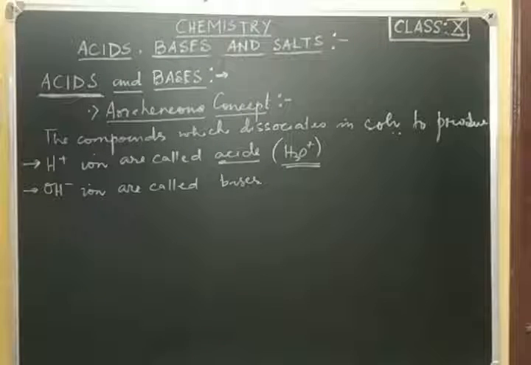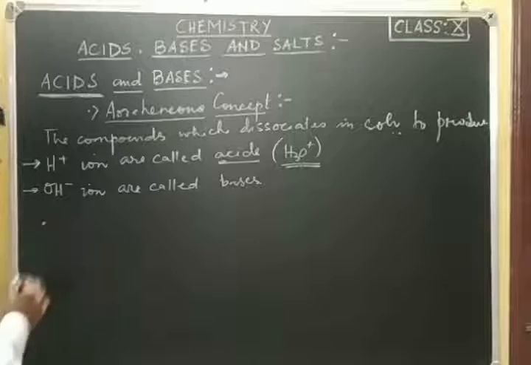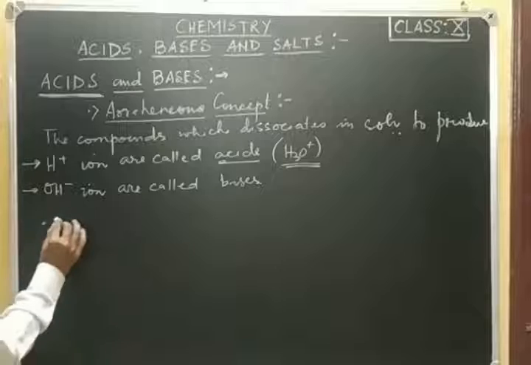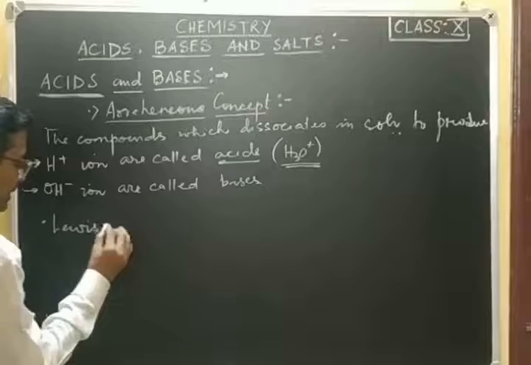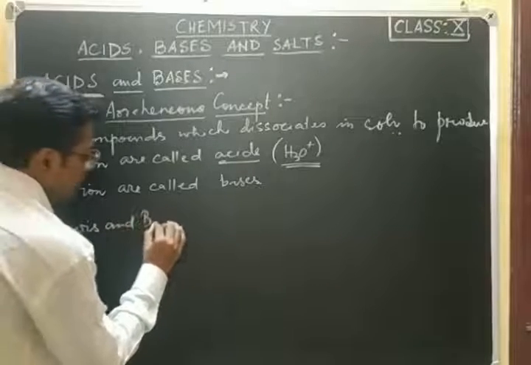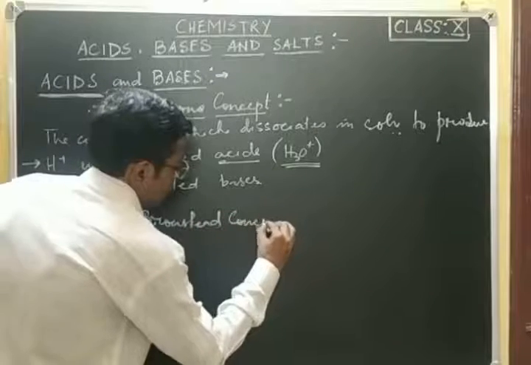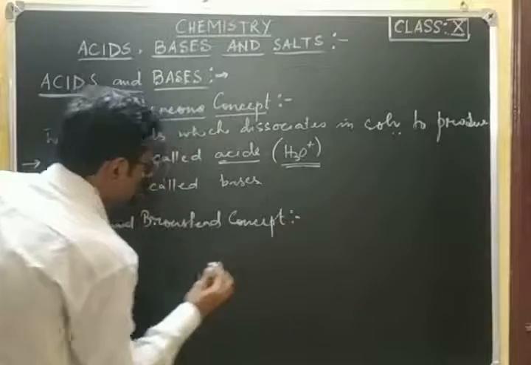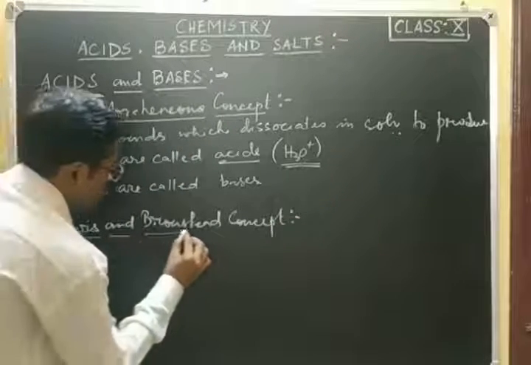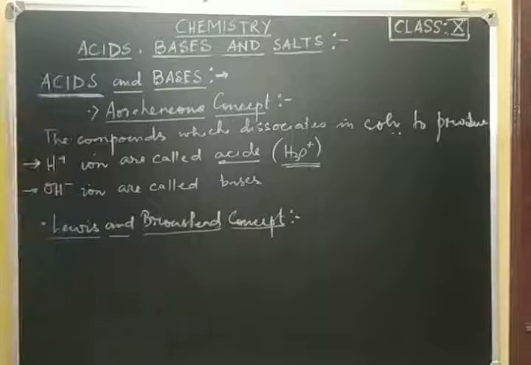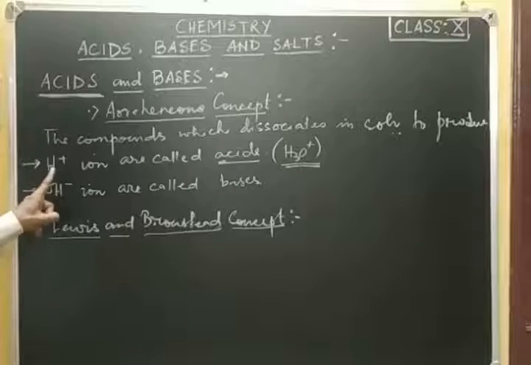So the next concept is the Lewis and Bronsted concept. You will be learning more concepts in higher classes. This concept says that acids are proton donors, and bases are proton acceptors, where proton means H plus ions.